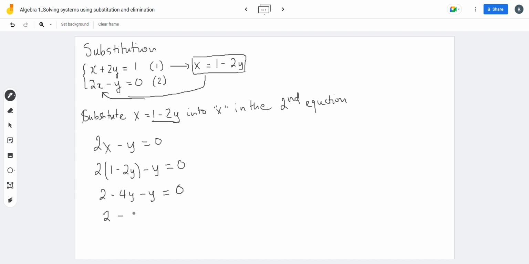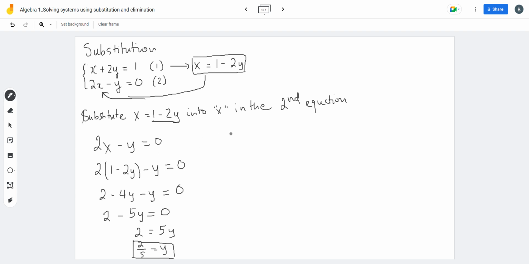So you have 2 minus 5y equal to 0, or 2 equal to 5y. You divide both sides by 5, then you have 2 over 5 equal to y. When you have y equal to 2 over 5, you're going to replace y into any equation, 1 or 2.